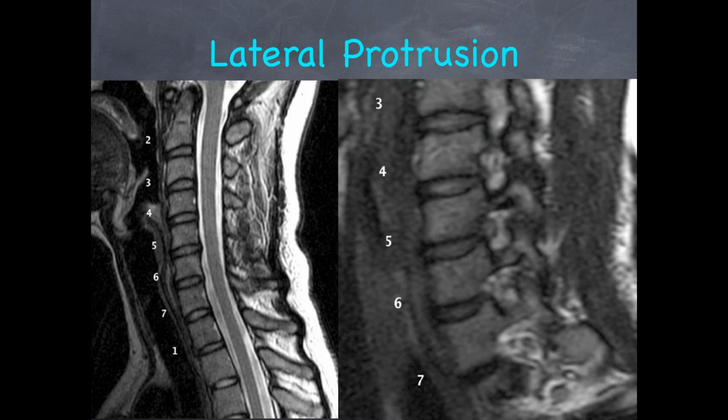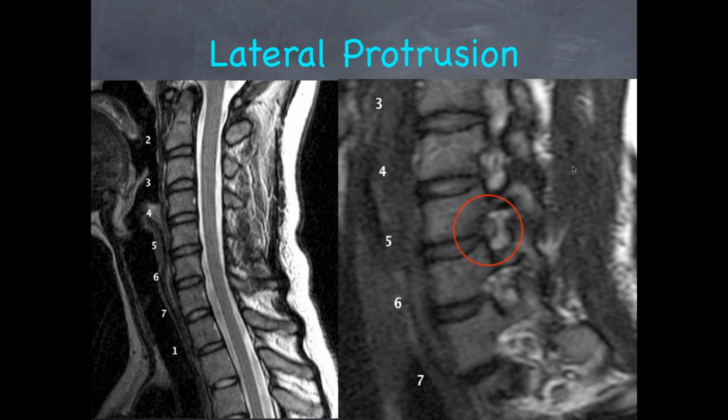Unfortunately, on the straight sagittal, it doesn't look like there's much going on. And on the, is that an oblique sagittal? No, that's just a sagittal off to the side. Okay. It looks like there's a focal protrusion going into the neural foramen.